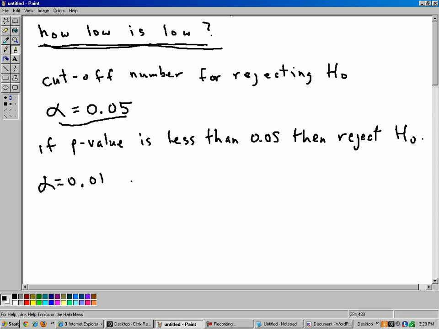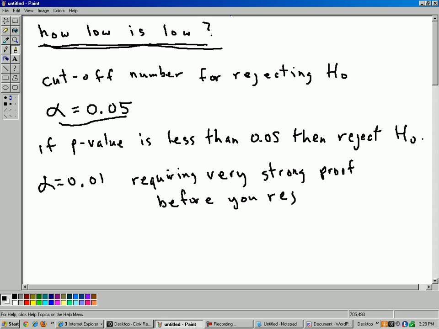It means you're requiring very strong proof before you reject that null hypothesis. So if you get a p-value of 0.02, you'd say, oh, not low enough. The p-value has to be really, really low.